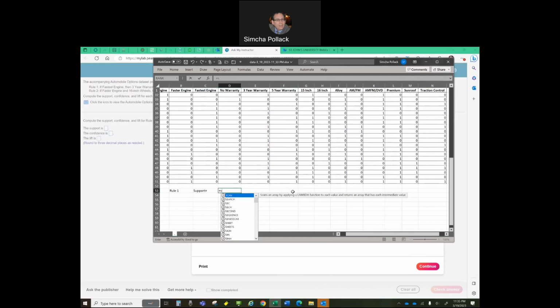That formula is called SUMPRODUCT, and we have to give it the arrays involved. So it's C2 through C51, comma, because there are 50 sets of data but the first row is just the headings, and the other is N2 colon N51, close parenthesis.